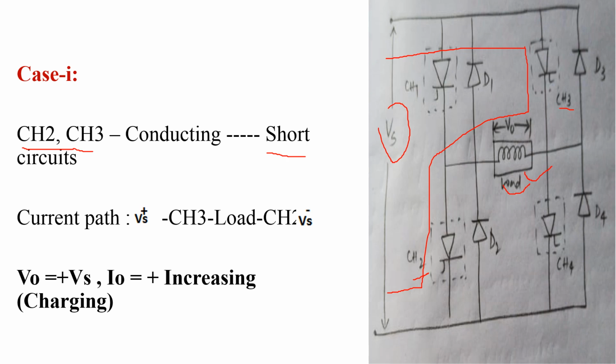In this case, the inductor starts charging with the polarities of positive and negative. That is, the total input voltage Vs appears across the load, that is, V0 is equal to plus Vs, and the load current is increasing positively. Why? Because here the inductor starts charging.